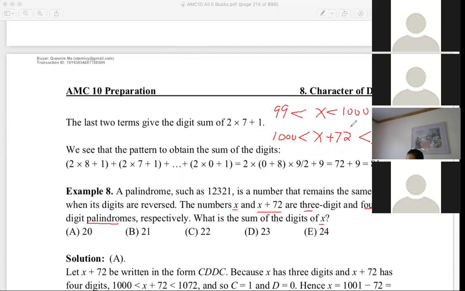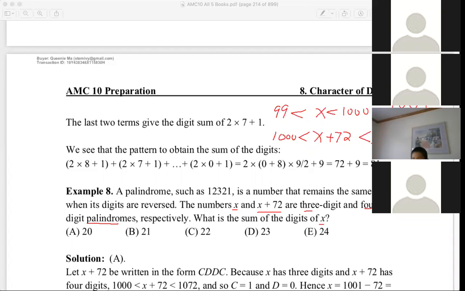Now let's think. A number that is a palindrome and less than 1072, and also has to be a 4-digit number. So that means this number should be 1001, right? So that's 4-digit and also a palindrome less than 1072, and the first digit and the second digit have to be 1 and 0.